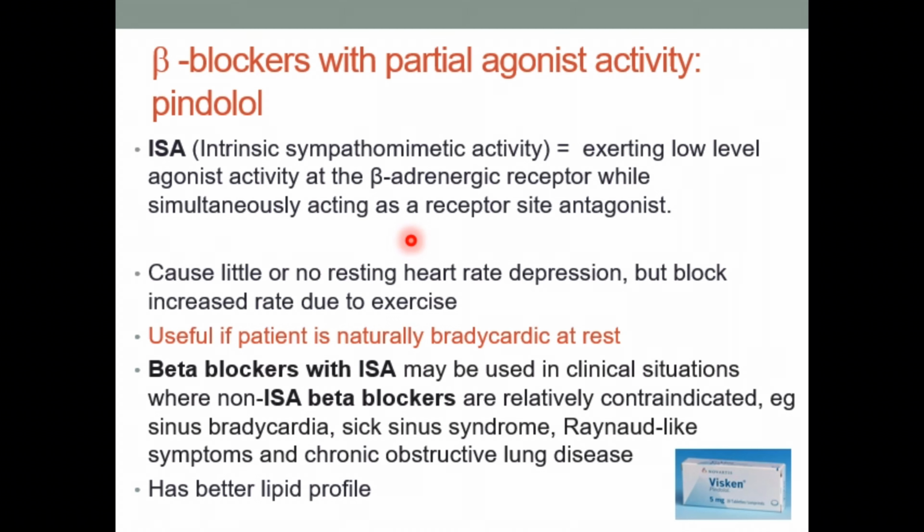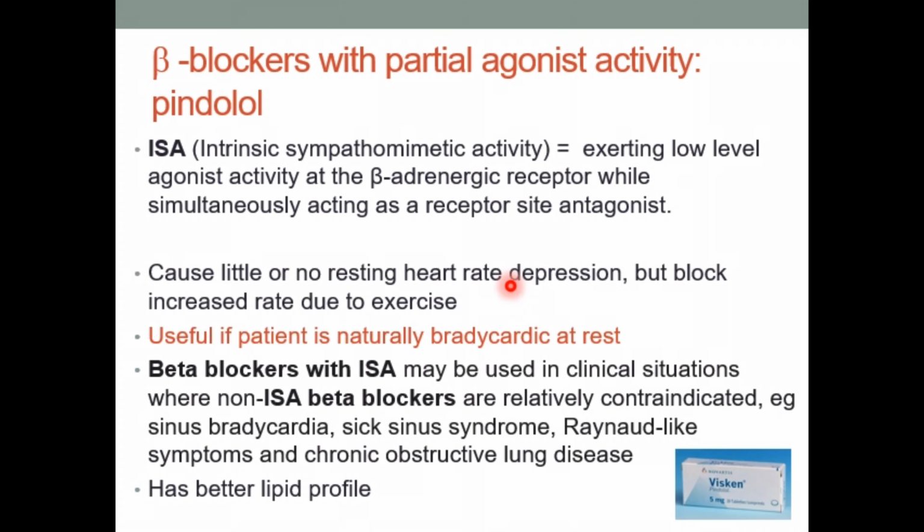That means if given, it will cause little effect on the resting heart rate. But when the patient is exercising, when there's an increase in the heart rate, then it will block.